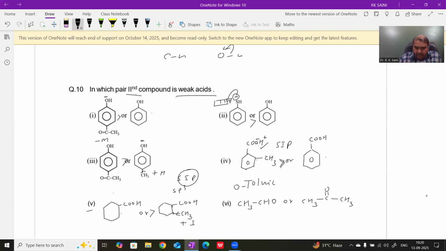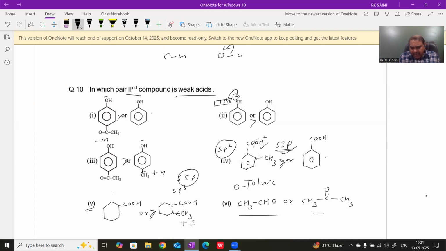In toluic acid the carbon has sp2 hybridization, and we know that sp2 hybridized carbon has a short bond length, meaning the groups are closer to each other and repel each other, so SIP is significant. Therefore, in the fifth, the first is more acidic than the second.